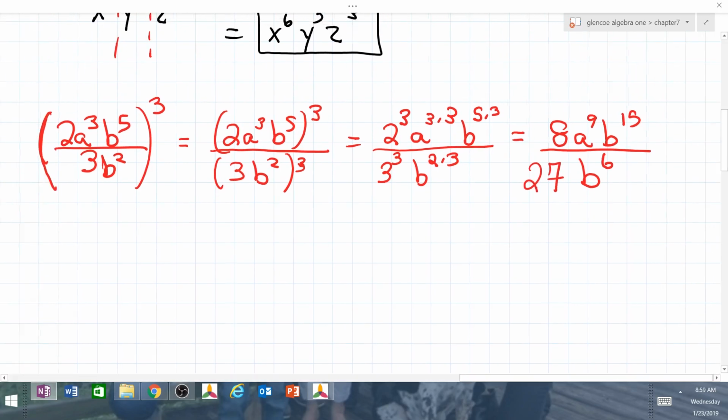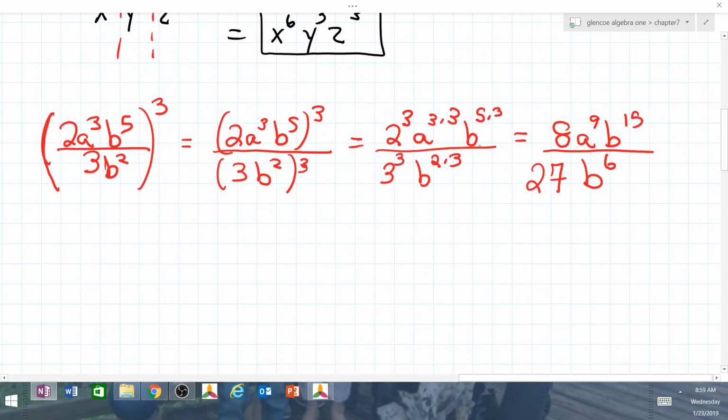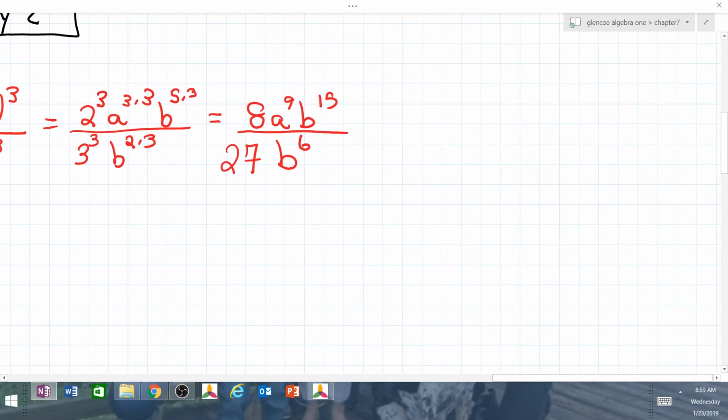Let's double check it, make sure we didn't mess up. 2 cubed is 8, is that correct? A to the 3 times 3 is a to the 9th, b to the 5 times 3 is b to the 15th. 3 cubed is 27, b to the 2 times 3 is b to the 6th. Okay, now you're ready to reduce. Do you see anything that reduces? The b's.